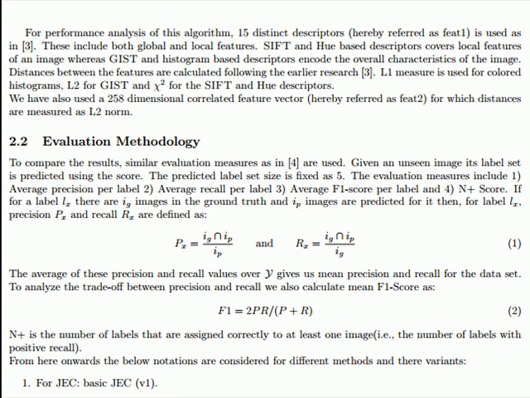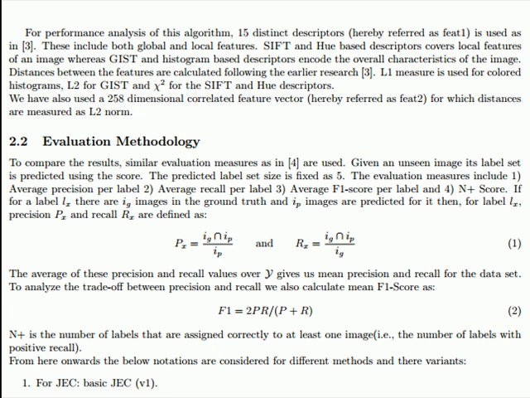So, following the earlier research work, we have used different distance measures for all the 15 distinct descriptors. L1 measure is used for colored histograms, L2 for gist, and chi-square for SIFT and hue descriptors. We also have a 258 dimensional correlated feature vector, which is referred to as feed2, for which distances are measured using Euclidean distance.